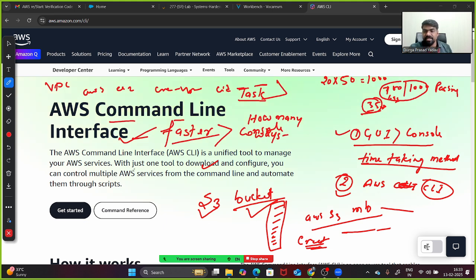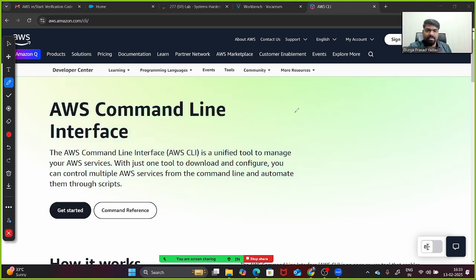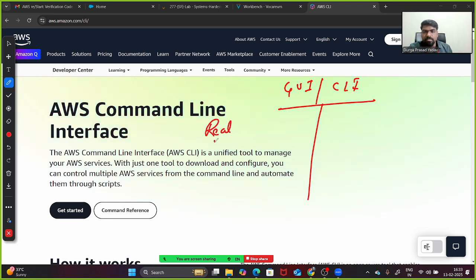And the second reason: generally, if you compare the GUI with the CLI, say you want to see real time traffic, or real time data delivery.